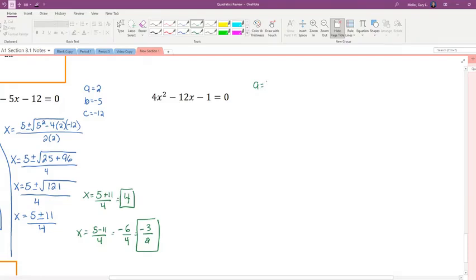A equals 4, B equals negative 12, C equals negative 1.